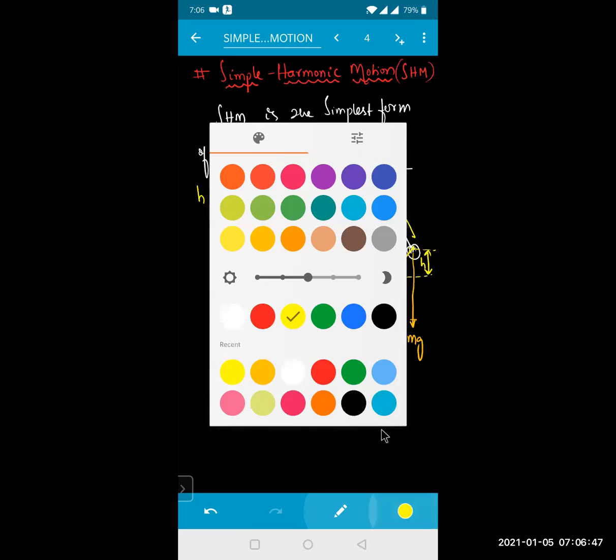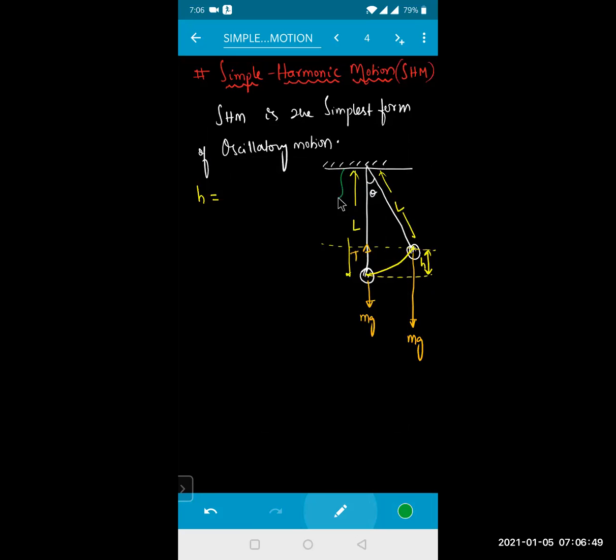So H means capital L minus L cos theta, which is equal to L into (1 minus cos theta). This is the height to which the bob might have been raised.